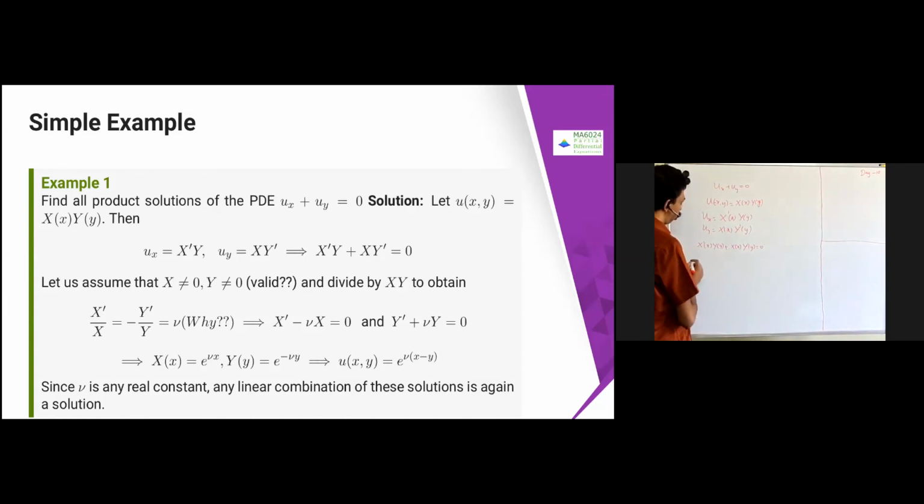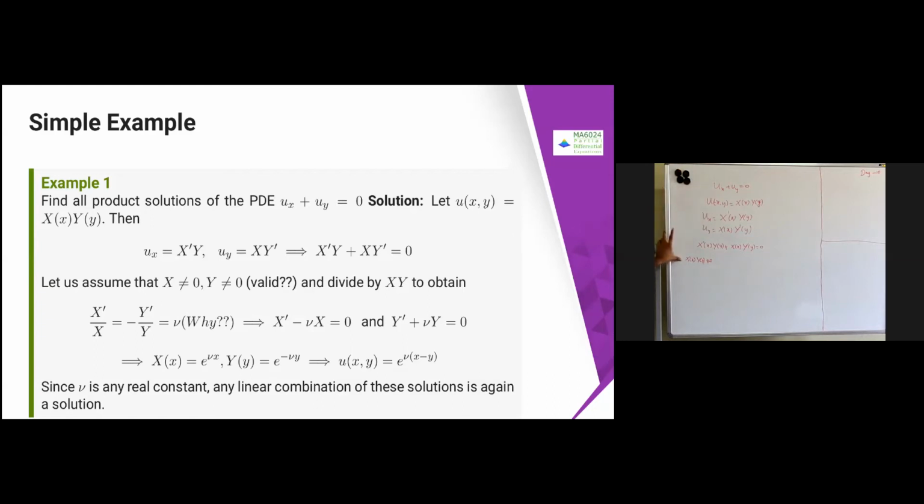Now I'm going to divide this by X of x times Y of y. In this case, we need to assume that this is not equal to 0, and only then can you divide. If it is equal to 0, either X of x equal to 0 or Y of y equal to 0, and in this case u itself will become 0.